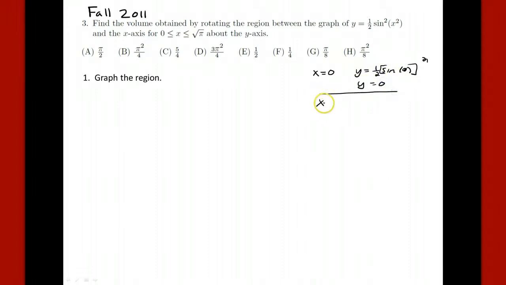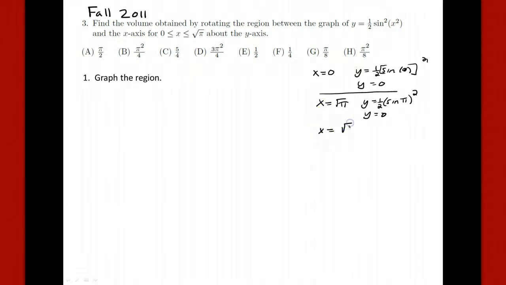And if x is the square root of pi, then y would be 1/2 the sine of pi squared, but the sine of pi is 0 as well. So here y is 0. So we started at 0, we ended at 0, and then the question is, what does it look like in between?